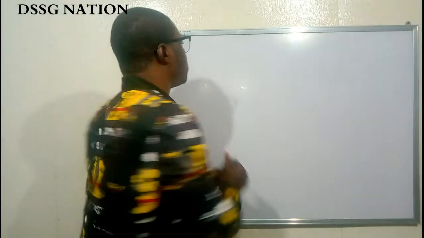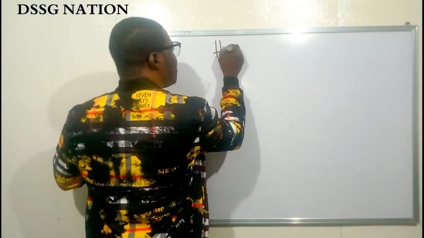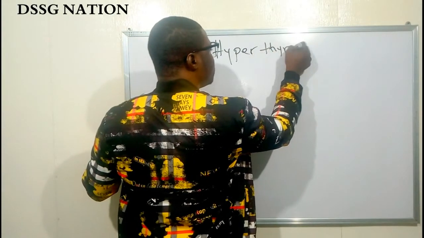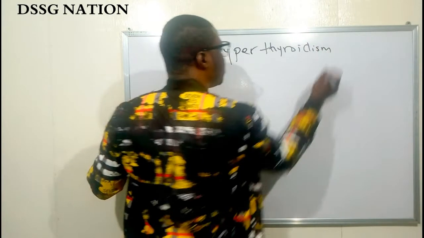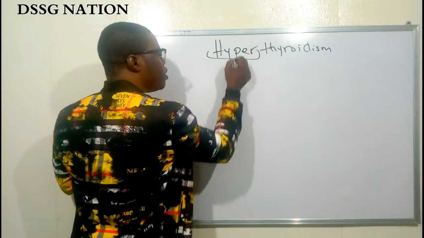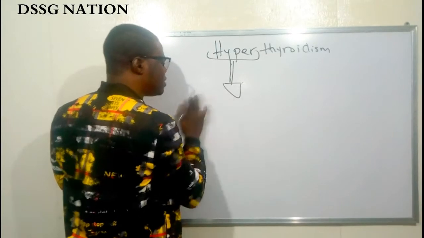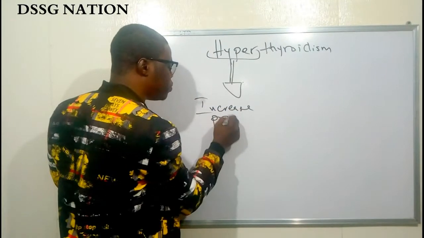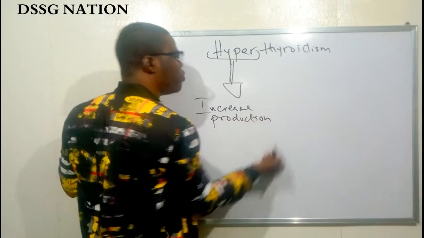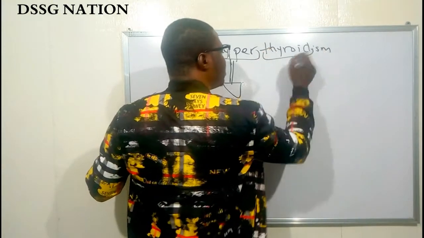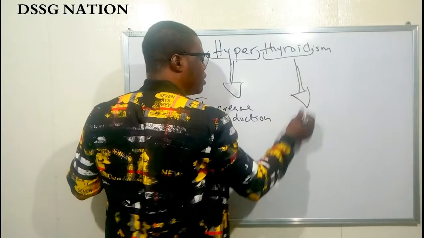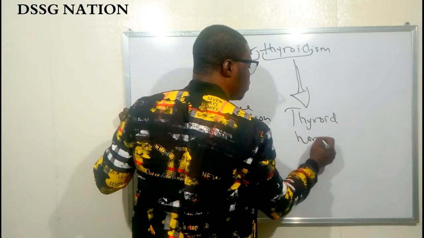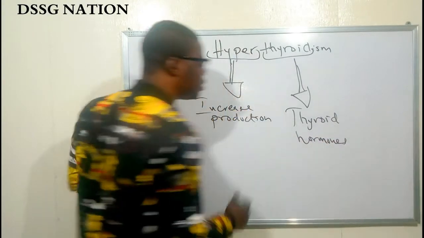Welcome back. So we said we are going to be talking about hyperthyroidism. Now, the word hyper here, as usual, means increased production. And the word thyroid in thyroidism denotes the thyroid hormones.